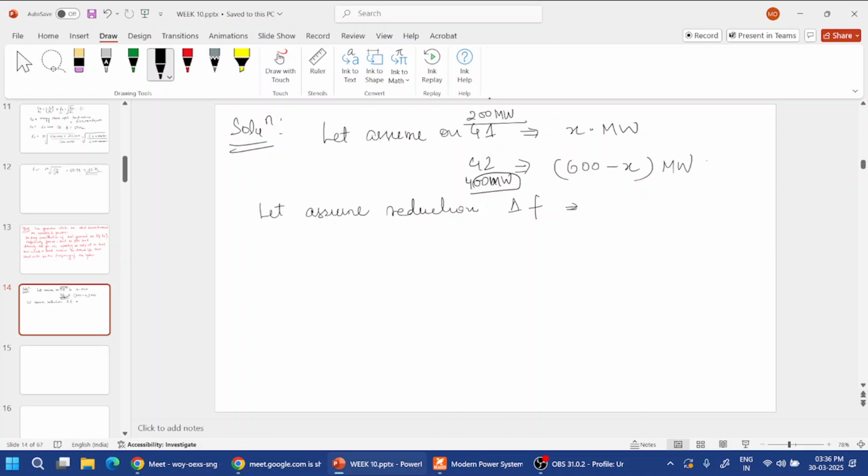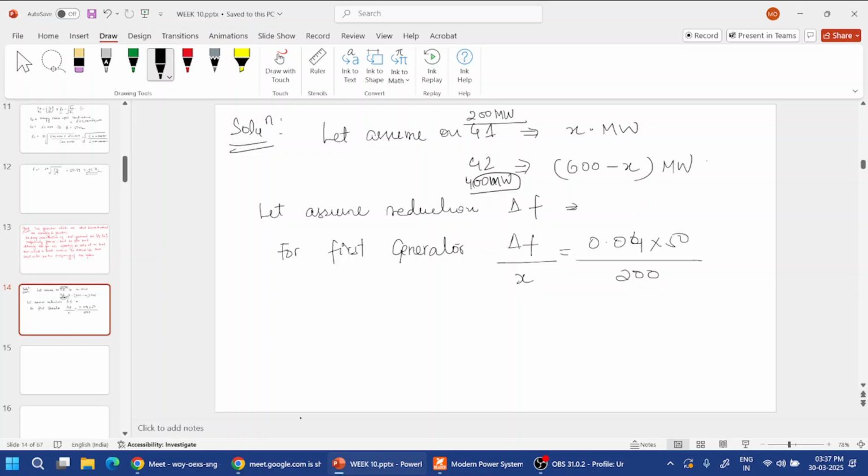So for the first generator, del F upon X equals 0.04 into 50 divided by 200.